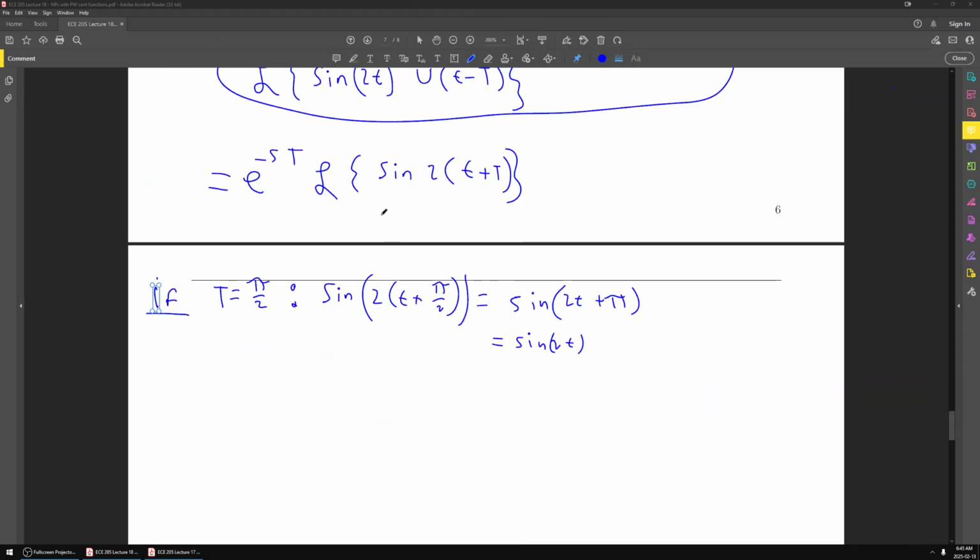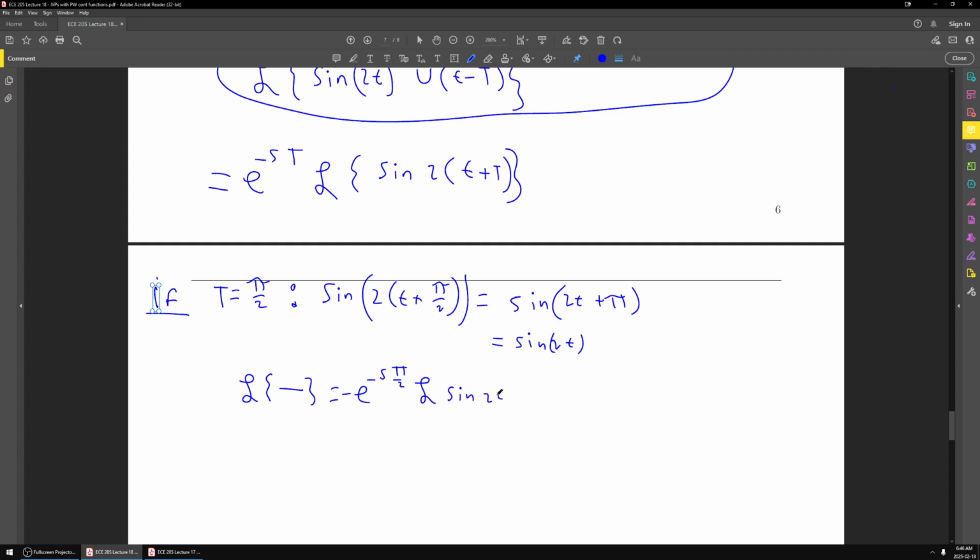Now we have this here. So in this case, my Laplace transform of the sine will become e to the minus s pi over 2 times negative Laplace transform of sine of 2t.